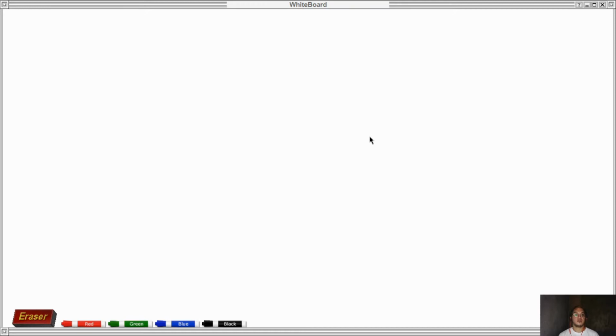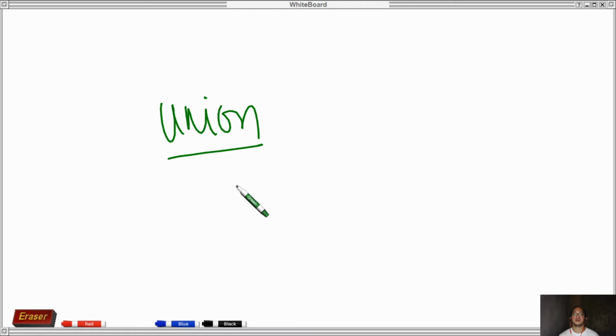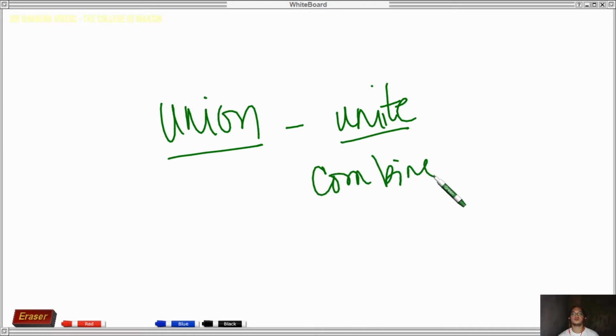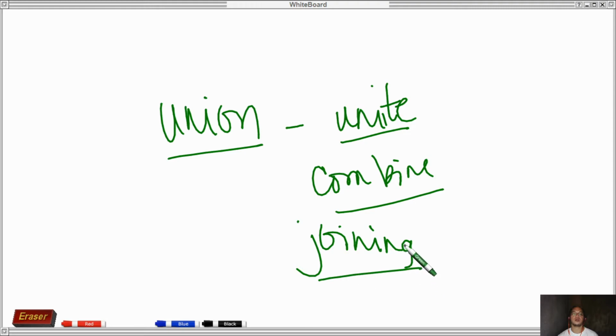Now, the union. When we talk about union, it denotes something that you are going to unite, or combine. So the union or the combination of sets is you are joining the sets.